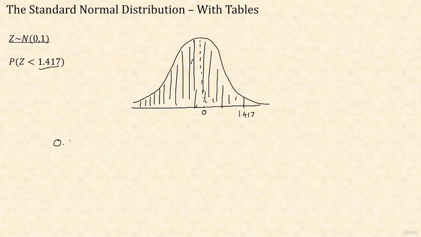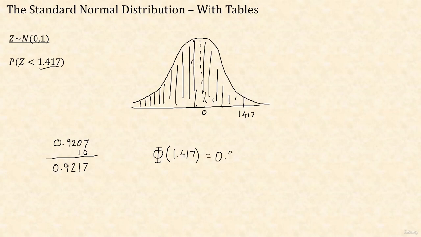So you had your 0.9207 here, and it told you add 10. You add 10 in this way. So what do we get? 0.9217. So there's our answer, and written in phi notation, that would be phi of 1.417 is 0.9217.